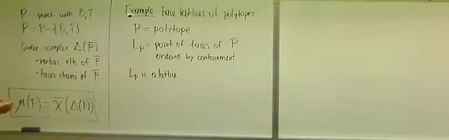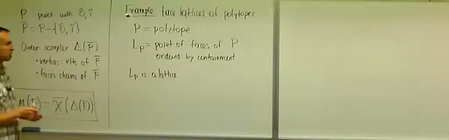Now, remember, whenever you have a finite poset, if you want to prove that it's a lattice, you just have to either do the join or do the meet. And when you have one, as long as you have a bottom and a top element, which this one does, then you know it's a lattice. So which one would you prefer to tell me? What is the meet or what is the join of two faces? So given two faces of this polytope, you should either tell me what the meet of them is or what the join of them is.